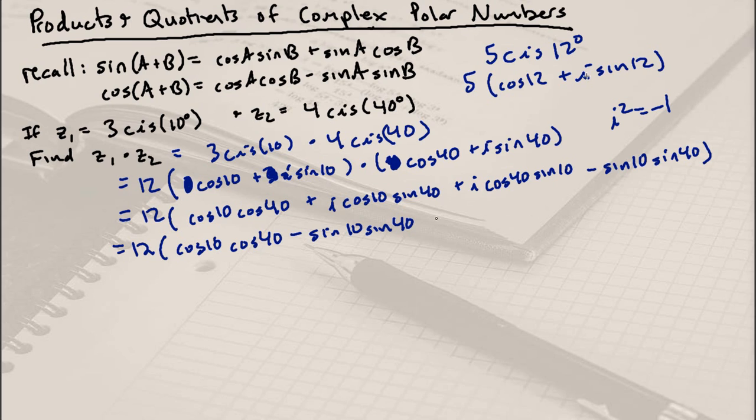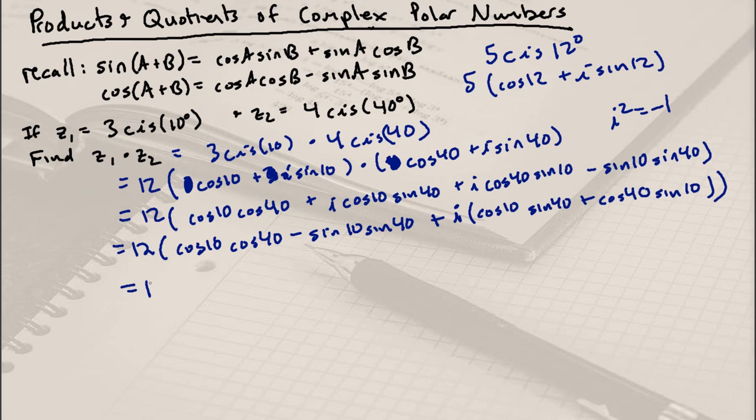Then I have plus i, and I'm really close to the sum formula for sine. If I factor out the i, I have the quantity cosine 10 and sine 40 plus cosine 40 and sine 10.